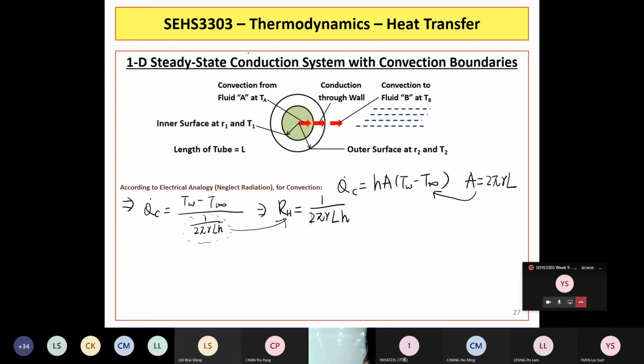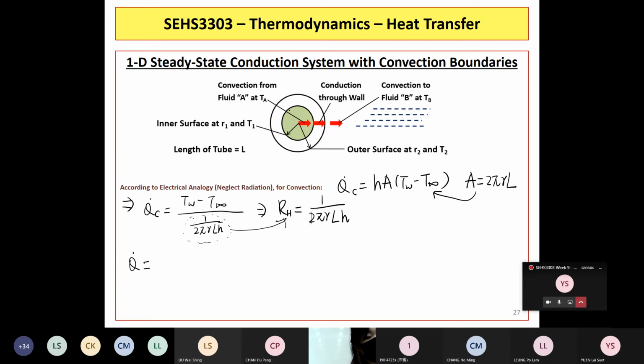Now, let's look at our problem. It is a one-dimensional steady state. So the heat transfer rate is the same through the whole process, right? So Q dot equals to, from here, convection from fluid A to the inside surface of the pipe.